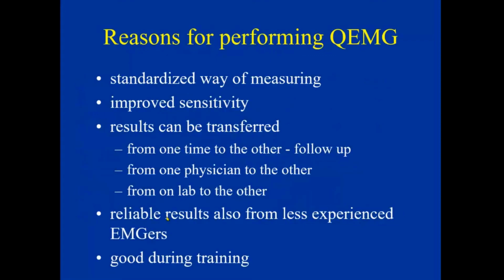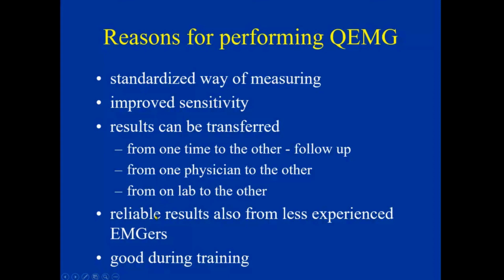The reason for performing quantitative EMG is that we get a standardized way of measuring, and this should lead, and is shown to lead, to improved sensitivity, and the results can be transferred from one time to the other in follow-up, from one physician to the other, and from one lab to the other when we collect reference material, and so on.